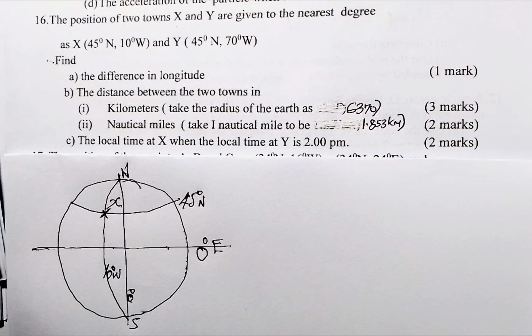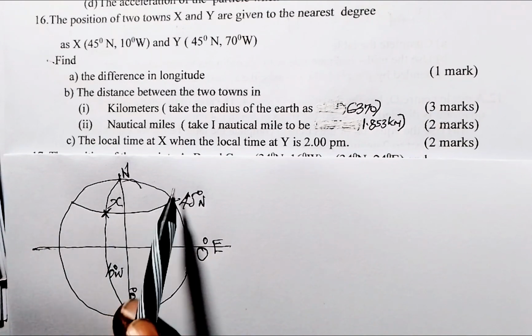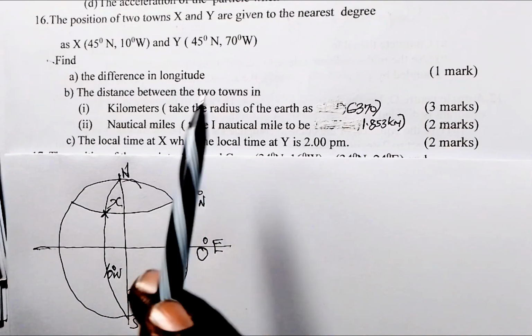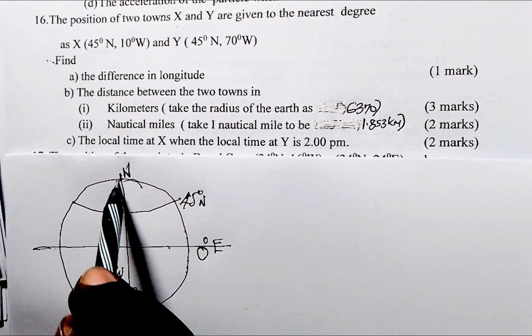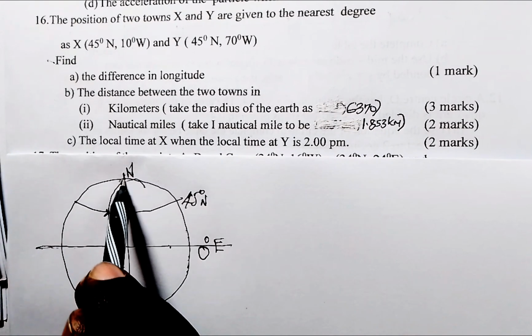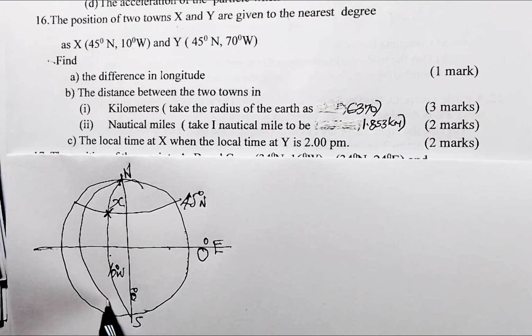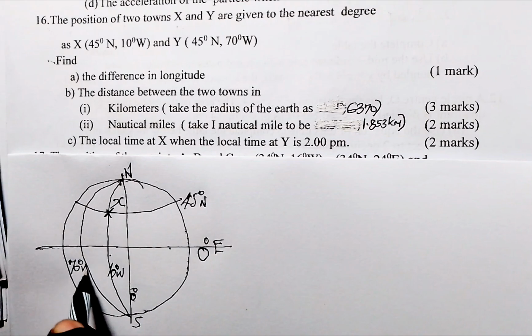Where does Y lie? It lies on the same latitude, 45 degrees north, but 70 degrees west. So if this is 10, we draw a hypothetical longitude to represent 70 degrees west.